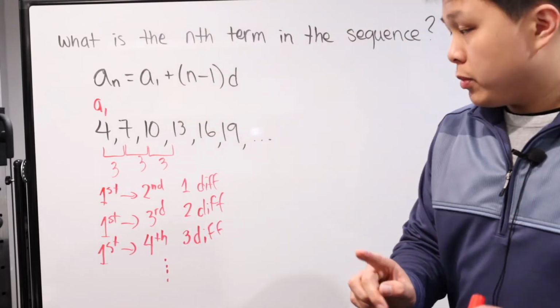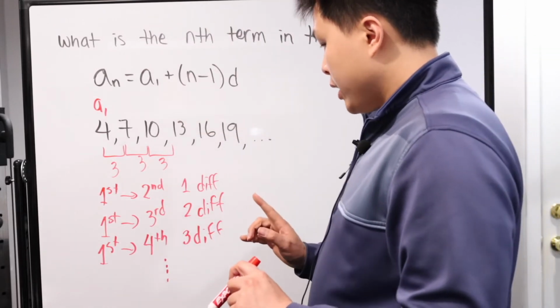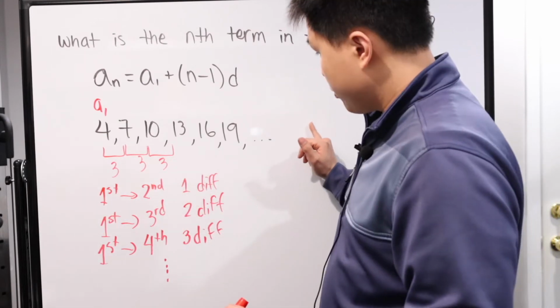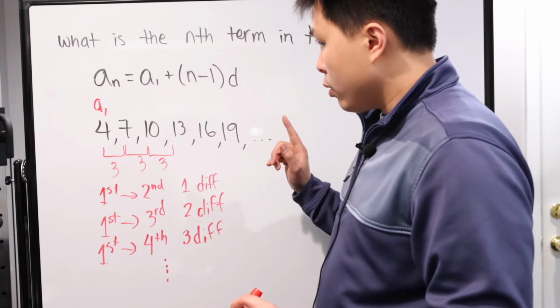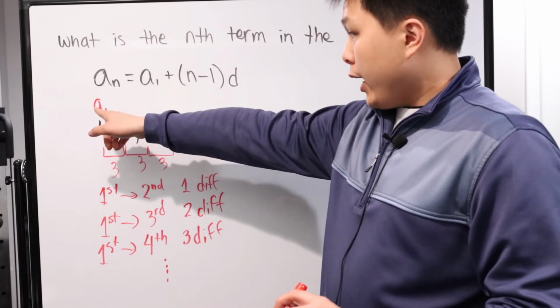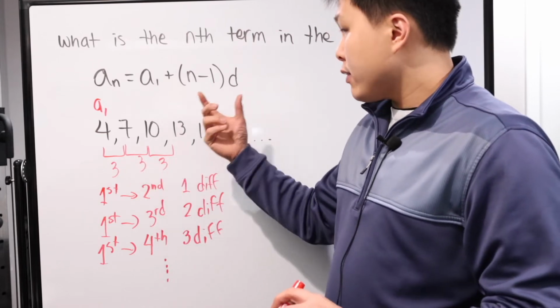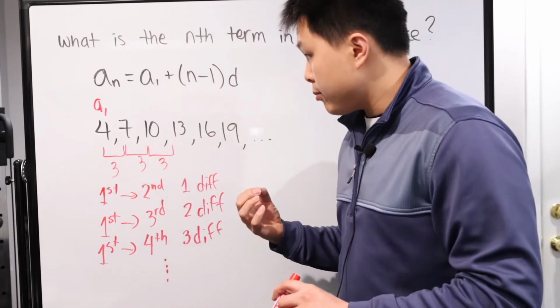Which is awesome, because what that means is that if I wanted to find whatever term I want, all I need to know is what the first one is, and we know the common difference is going to be whatever it is, and we just have to add it that many times.